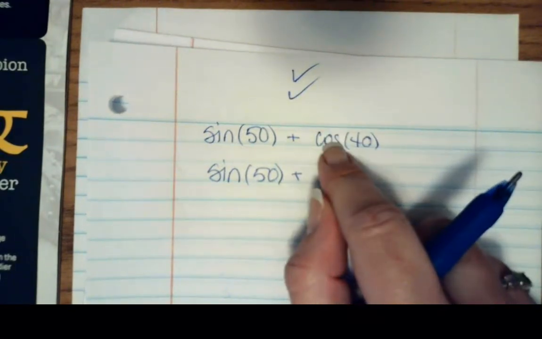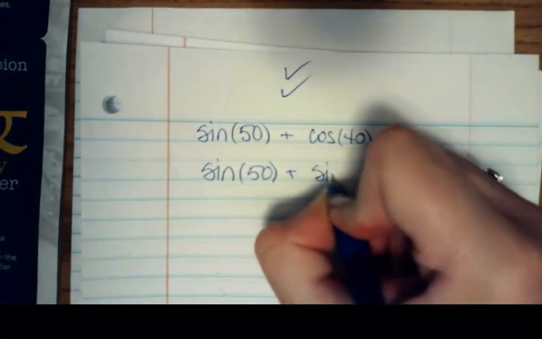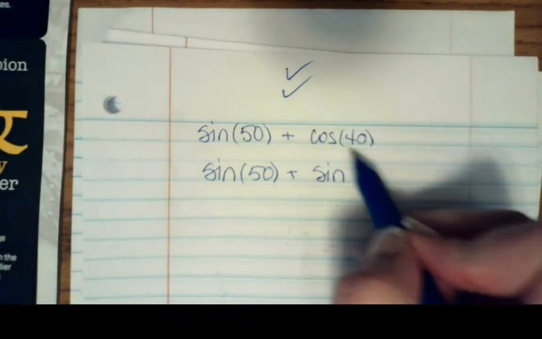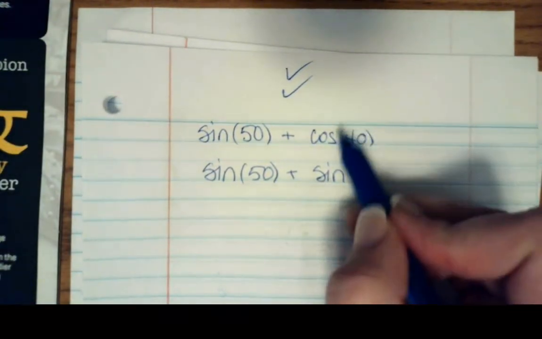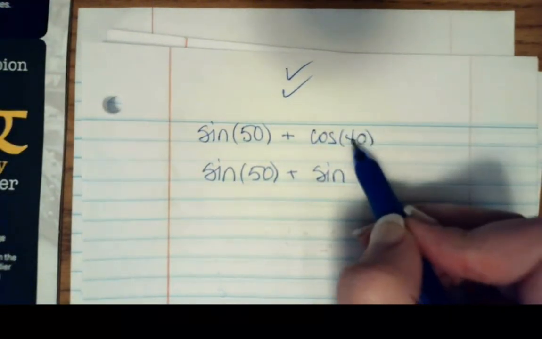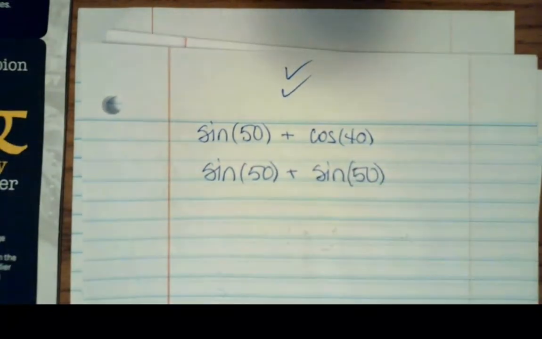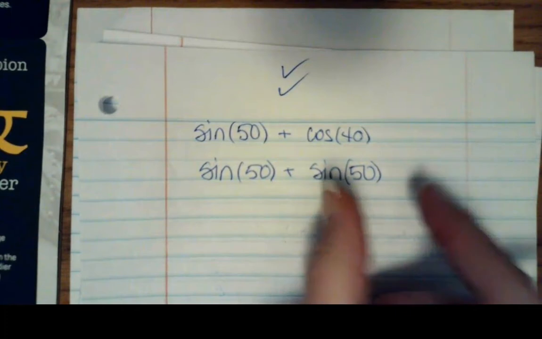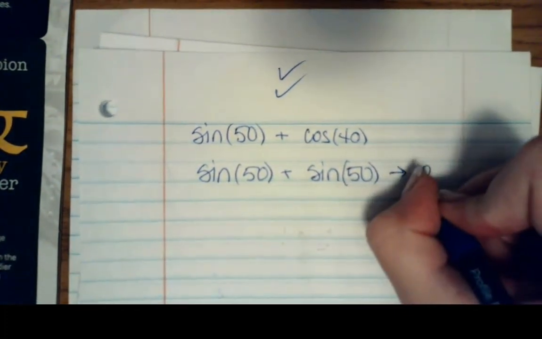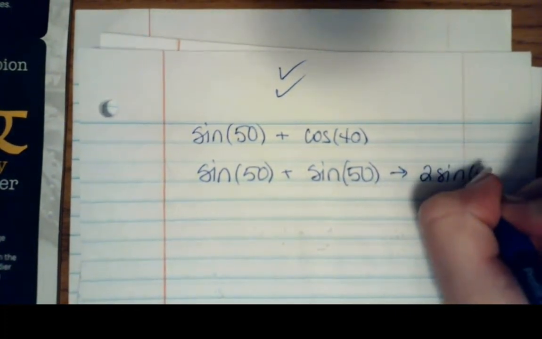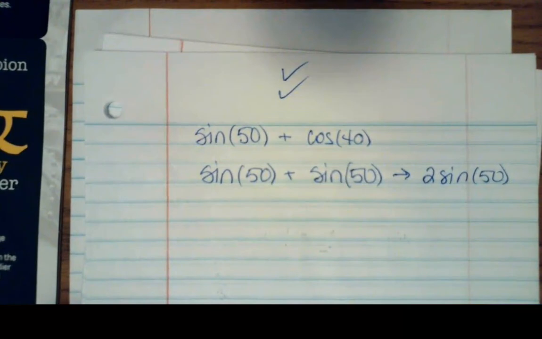The cofunction of cosine is sine. And then you tell me what the complement of this angle is. What's the complement of 40? It is 50. Well, now I've got a sine of 50 plus a sine of 50. So all I'm doing now is combining like terms. So I've got 2 sines of 50.